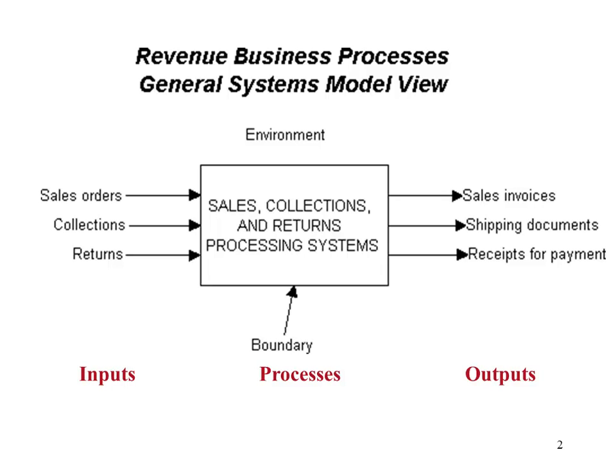So what are the outputs? Well, you generate sales invoices, documents like shipping documents, and finally receipts. There can be many other things, but these are the most important inputs and outputs.